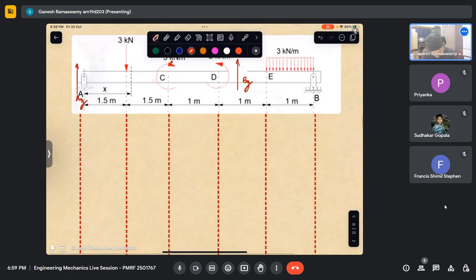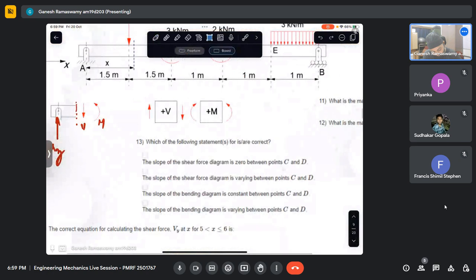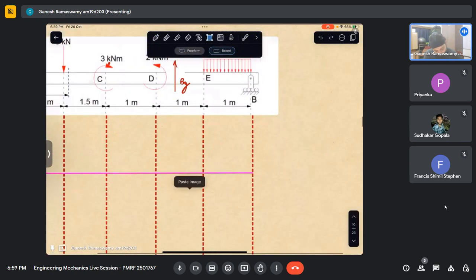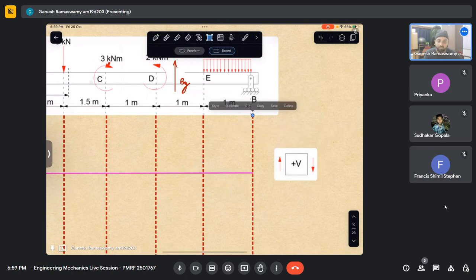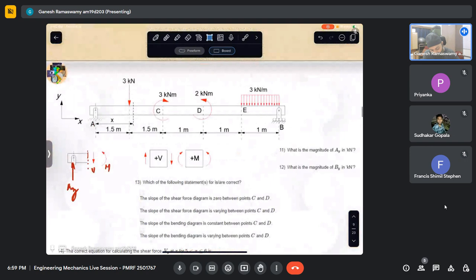I draw a line which represents shear equal to 0. This is my shear force sign convention. I put that here. I'll also put the axis for the sake of completeness.